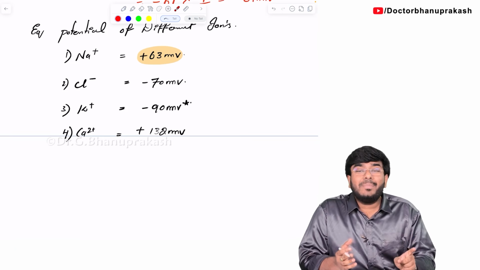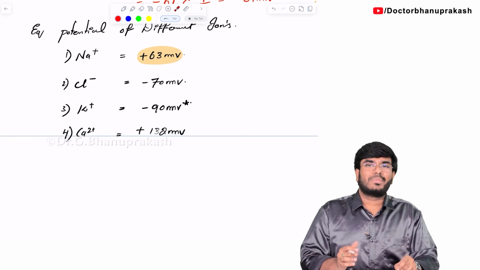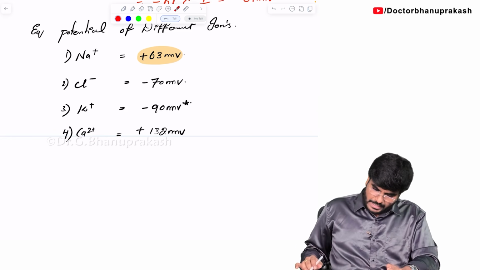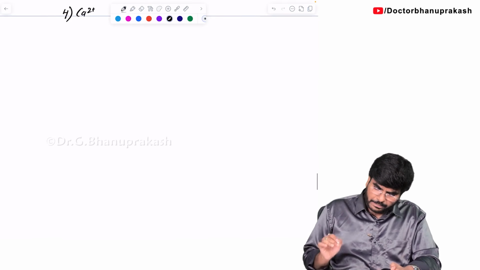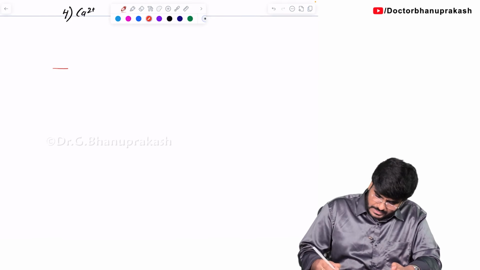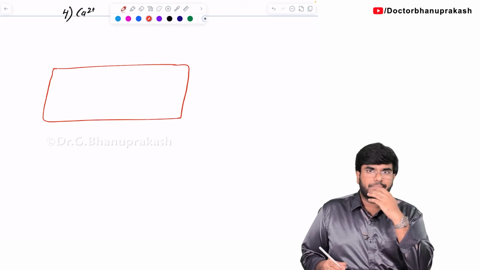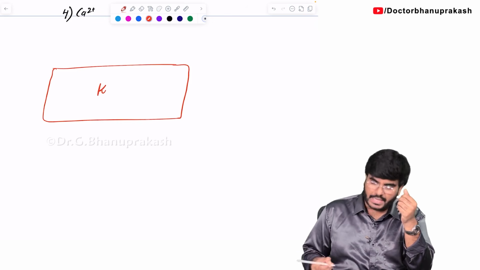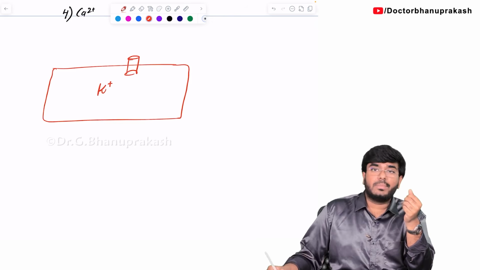Equilibrium potential is calculated by an equation called the Nernst equation, and equilibrium potential is for one particular ion. Let me give you an example. Say a membrane is permeable to only one particular type of ion. Let's say this is one cell membrane, and in this cell, hypothetically, only potassium is there, and it has this potassium leaky channel.